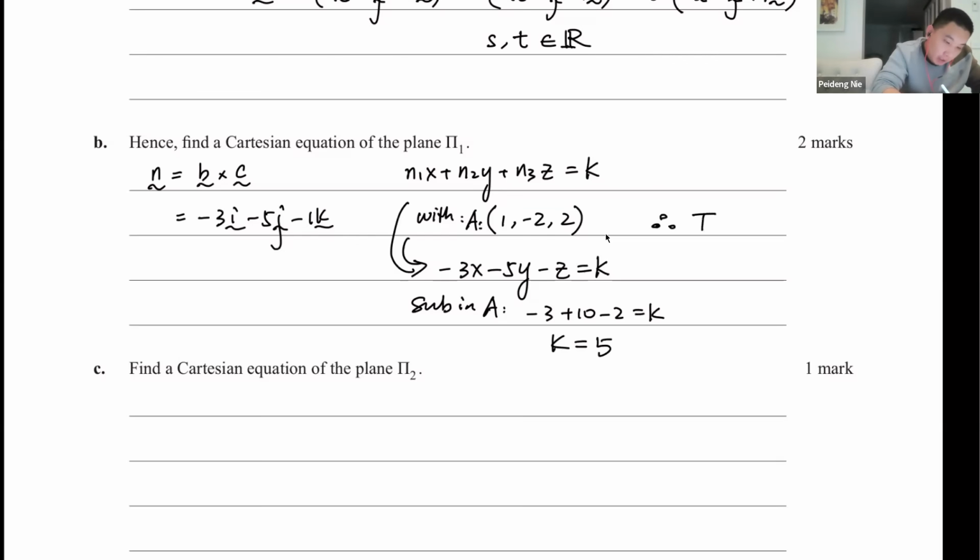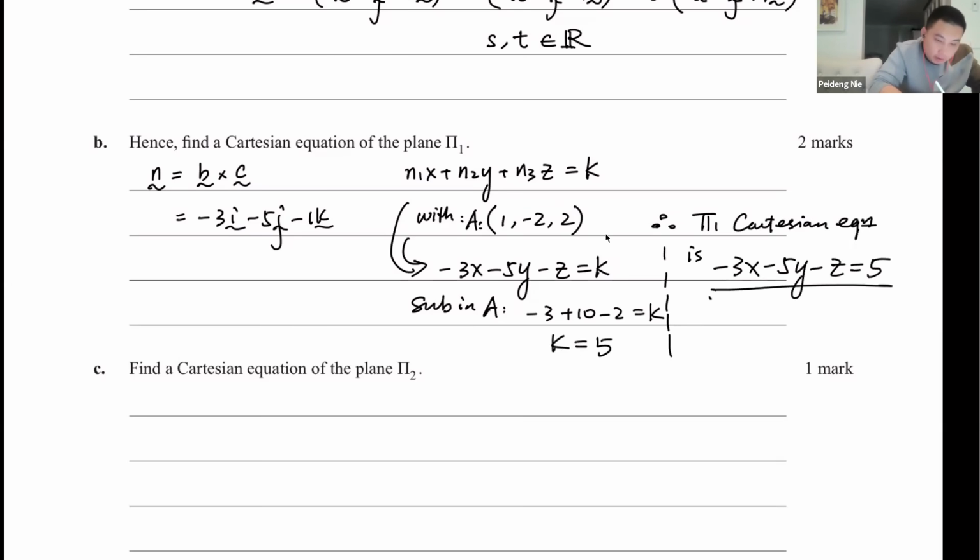Therefore, pi 1 Cartesian equation is minus 3x minus 5y minus z equals to 5, okay? This form is perfectly acceptable in my opinion, because if you just multiply -1 to both sides, that's another equivalent answer, okay? As long as your constants are correct, you have x and y and z.